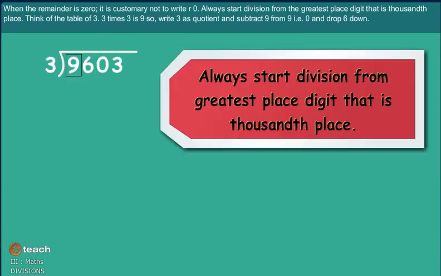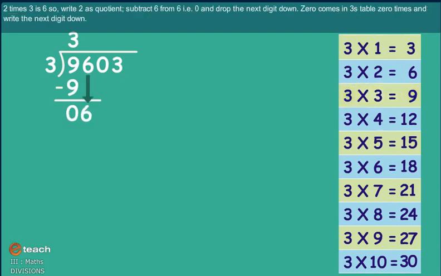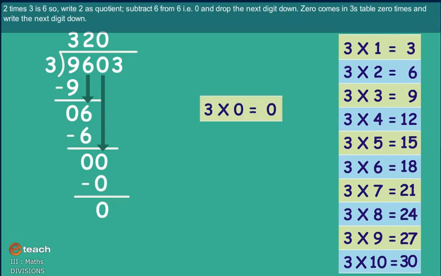Always start division from greatest place digit, that is 1000th place. Think table 3. Write 3 as quotient and subtract 9 from 9 and drop 6. 2 times 3 is 6. So write 2 as quotient, subtract 6 from 6 and bring the next digit down. 0 comes in 3 table 0 times.